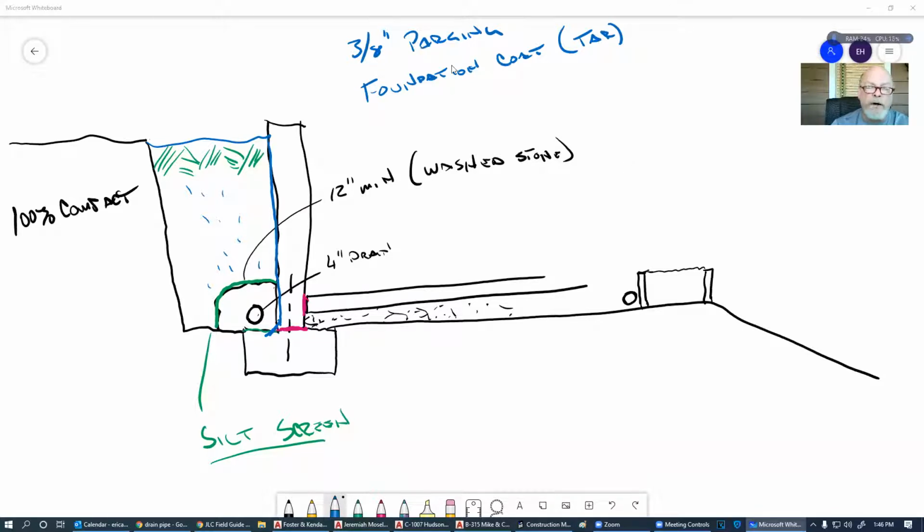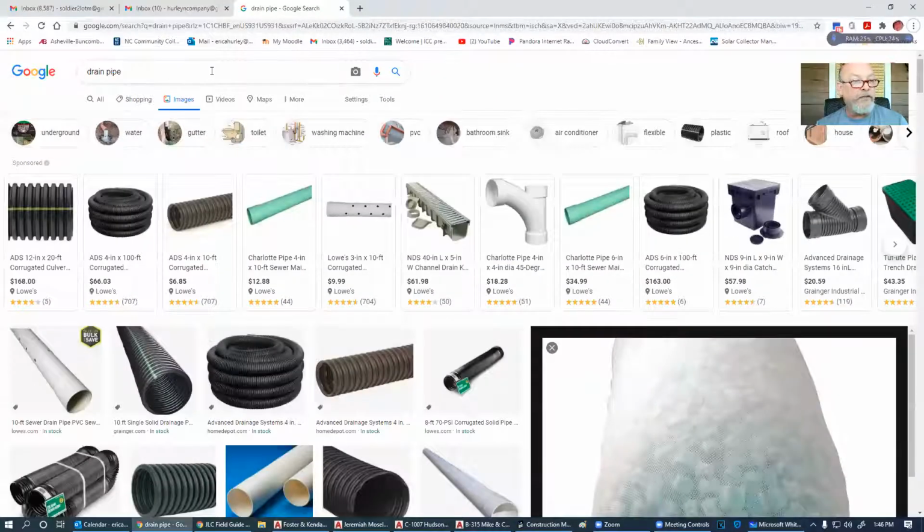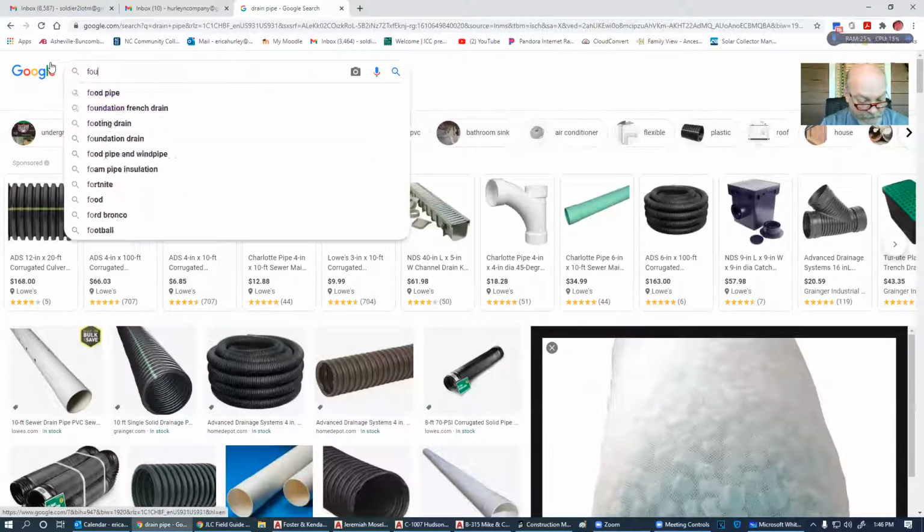All right, now what is parging? You're going to hear it called all sorts of things: stucco, mortar, any number of things. Basically, it's just a mortar concrete mix that's put on the foundation wall and helps seal up the foundation.